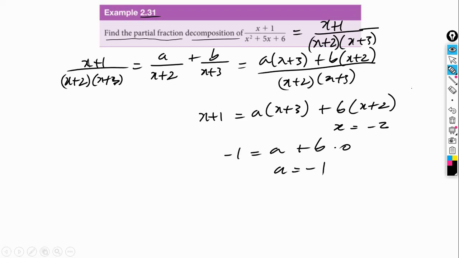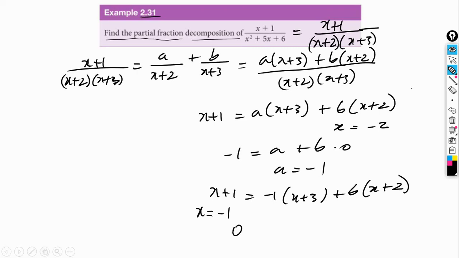Now notice that we can just rewrite this again. So x plus 1 is equal to a, which we know is -1, so we can just substitute that: -1 times x plus 3 plus b times x plus 2. So in fact, we can just plug anything at our convenience here. For example, we can plug in -1. So let's say x equals -1.